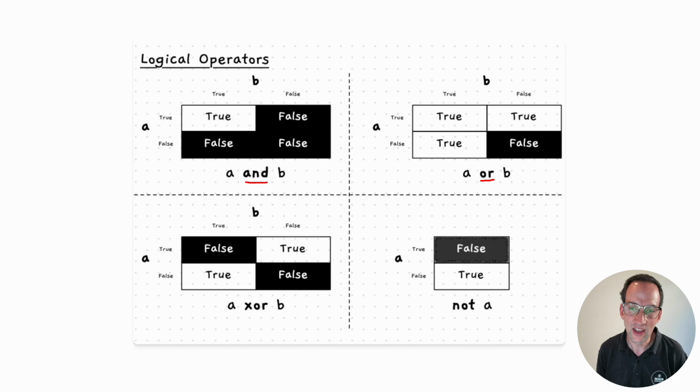So this would be able to say, is something true or is some other thing true? There's an option to do that exclusively. So this would say, is A true or B true, but not A and B at the same time. It has to be one or the other. And then we have the option to say whether something is not true. Let's have a look at how we can use each of these very quickly.